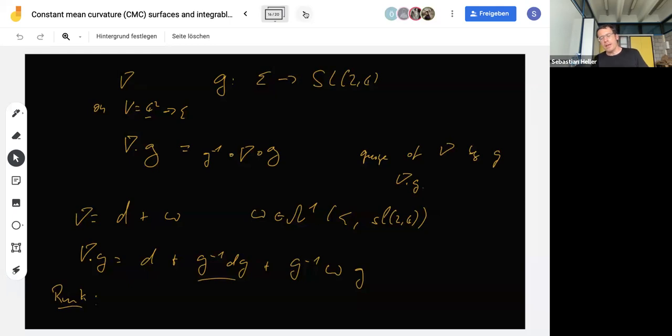And then if we have a parallel frame of the flat connection nabla, also the connection nabla gauged by G has a parallel frame, namely the frame G inverse of the original parallel frame with respect to nabla. So if nabla is flat, also nabla.G is flat.